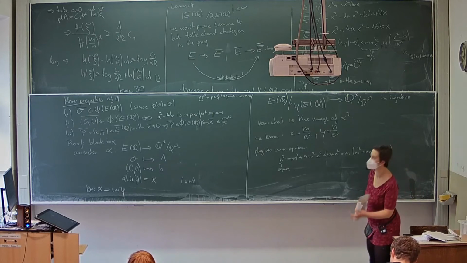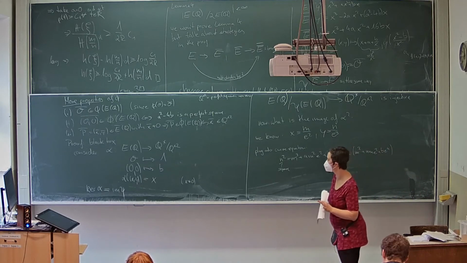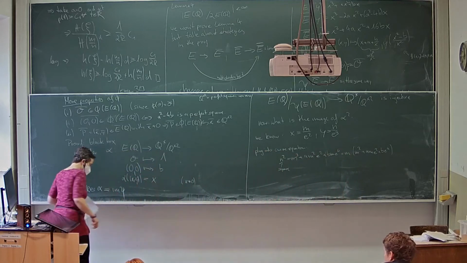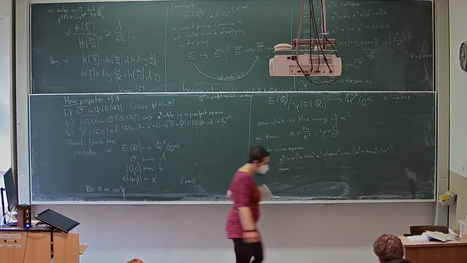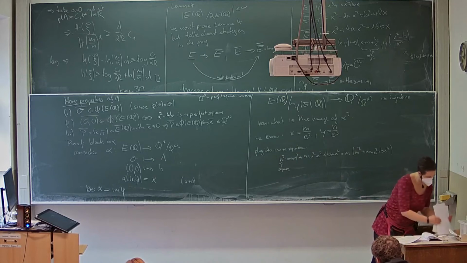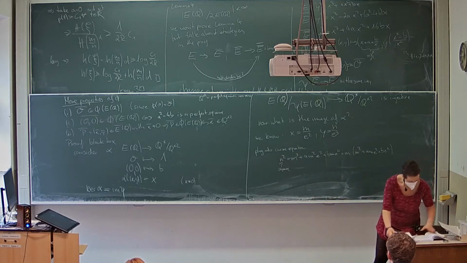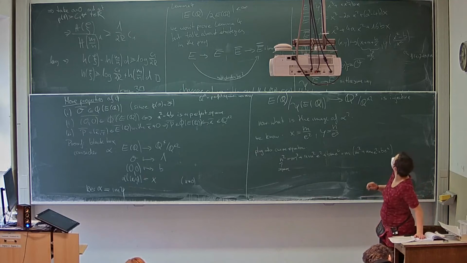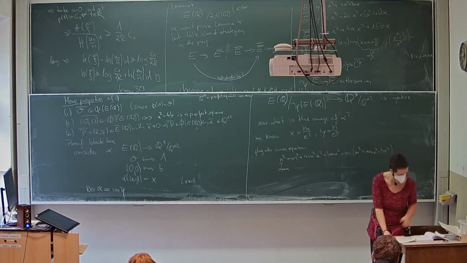Yeah? How is alpha defined for a point that is (0,y), with y not 0? Let me think. Yeah, thank you.